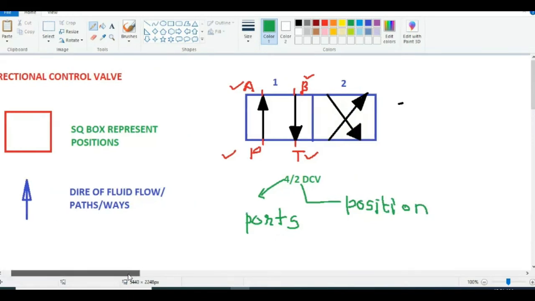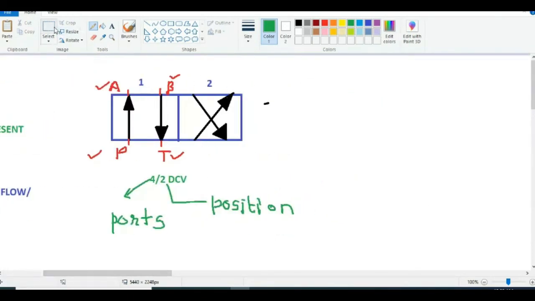Now, if I actuate the direction control valve with the help of any external device, suppose I draw a symbol like this and show a spring on this side.